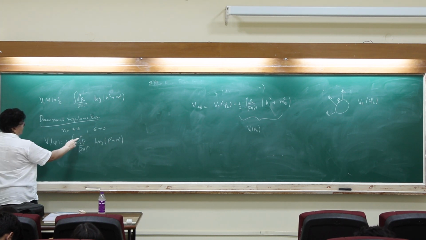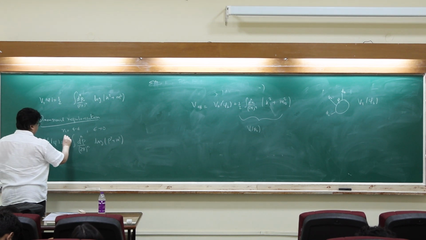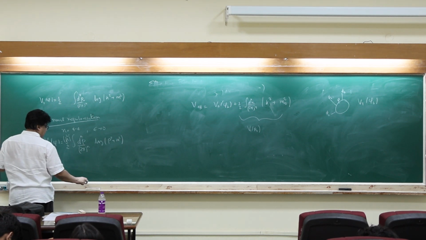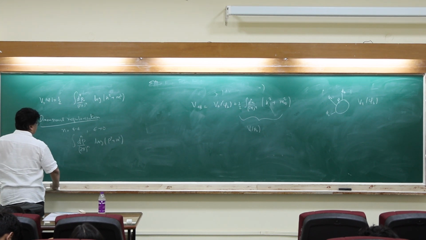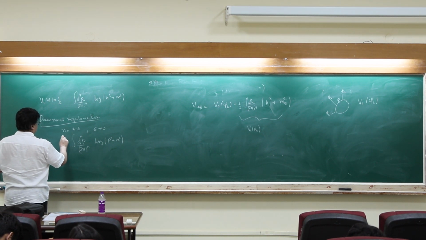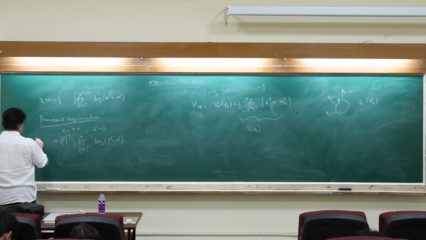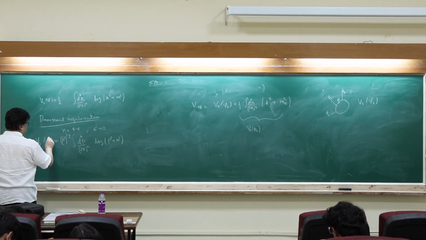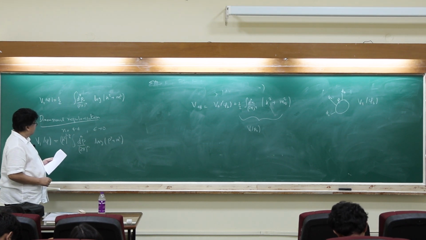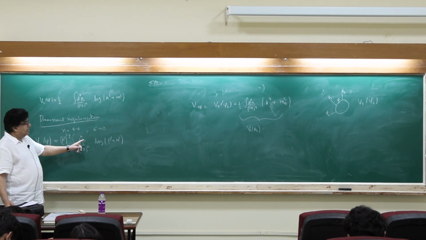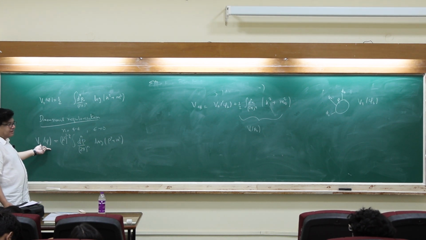Since you have gone down in the dimension, you have to make it up by introducing a mass parameter mu square, so this will be mu square to the power 2 minus n by 2, to compensate for the fact that you have gone away from 4 dimensions.